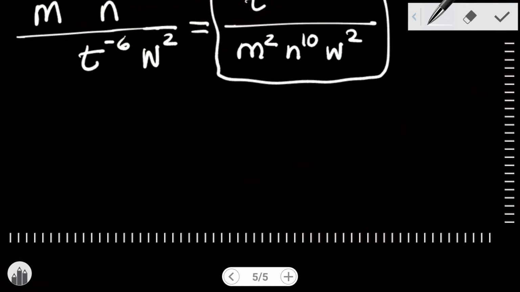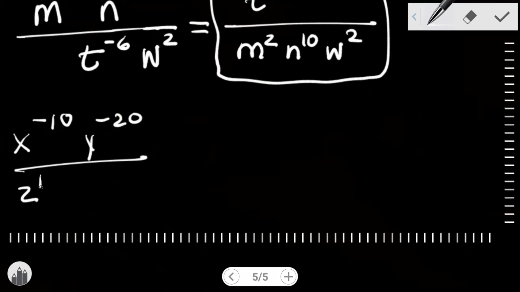And then we'll try one more, just to get a little extra practice. So we have x to the negative 10th, y to the negative 20th, and on the bottom we'll have z to the 10th, and we'll do, let's see, x to the 10th.